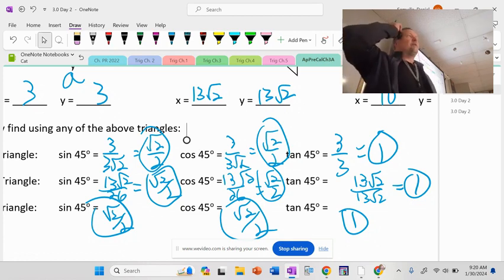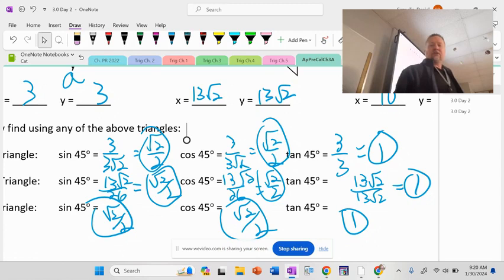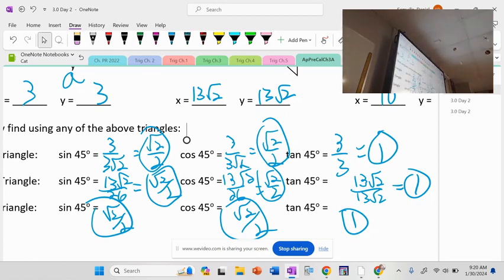So try to do a couple trigs on the 30, 60, 90s. Similar triangle.